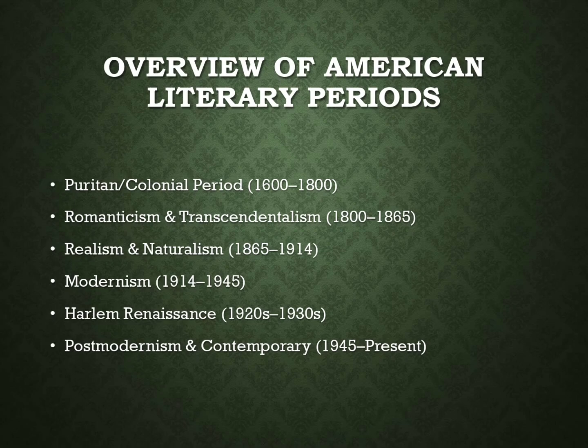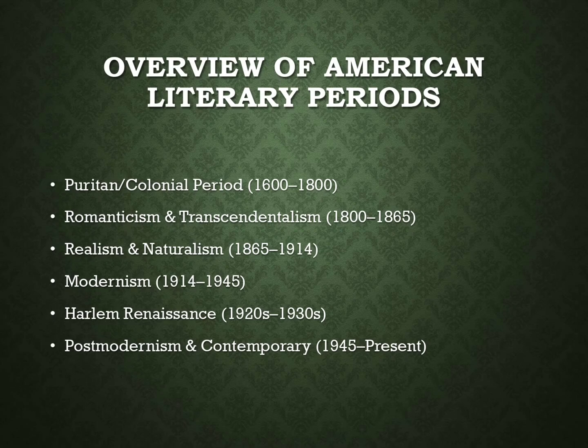Now comes the fifth period, that is the Harlem Renaissance. It lasted from 1920 to the 1930s. In this period, we'll find the explosion of black voices and the cultural pride that showcases this movement.